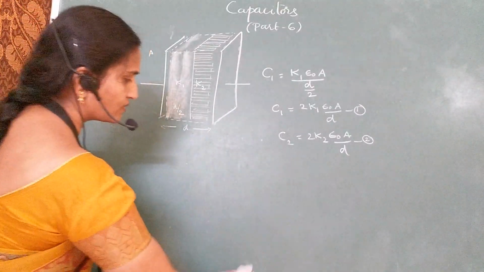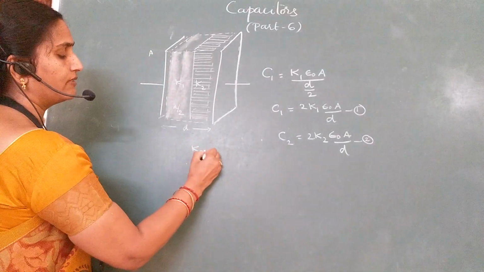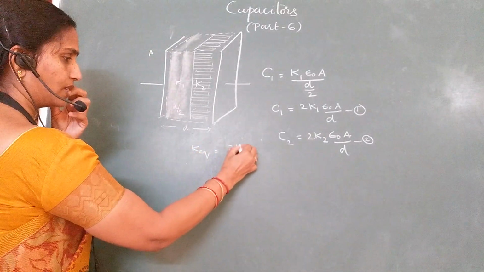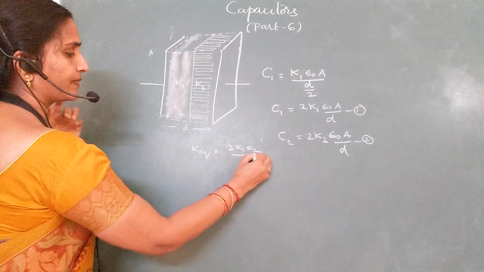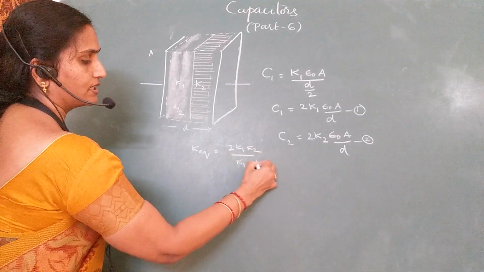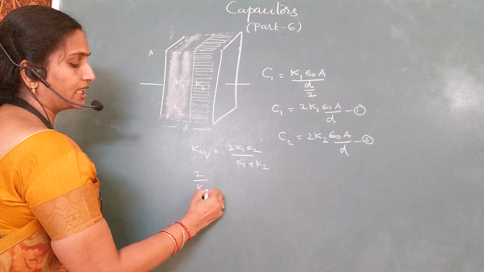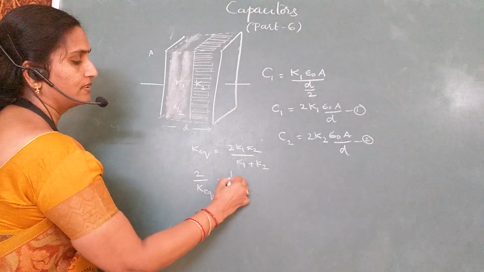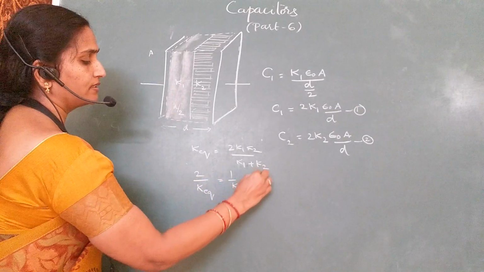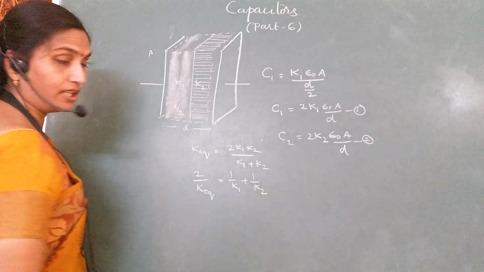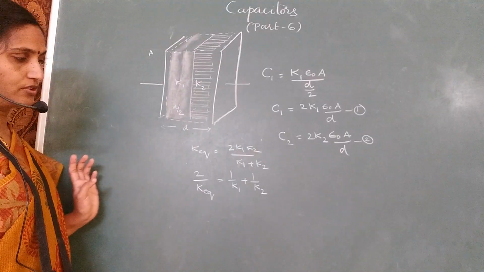Now for two materials, what did we get? K equivalent as 2 K1 K2 by K1 plus K2. I'll modify this. I can also write this as 2 by K equivalent is 1 by K1 plus 1 by K2. So this is your equation.